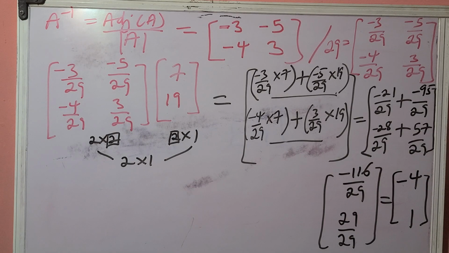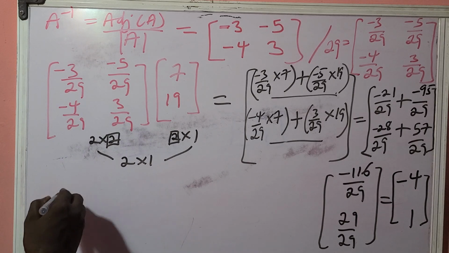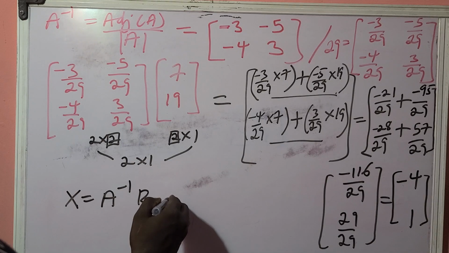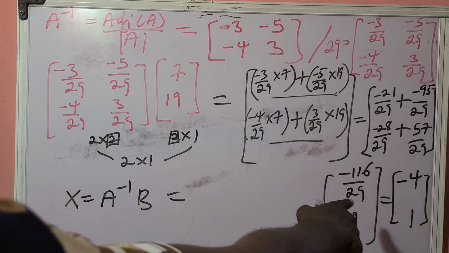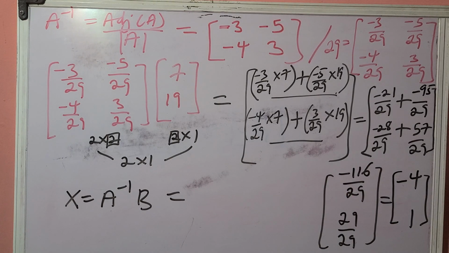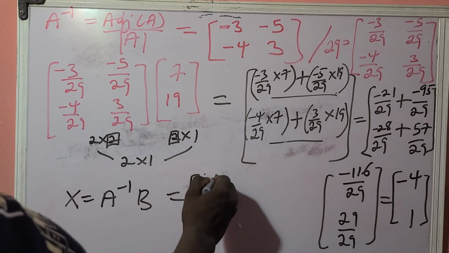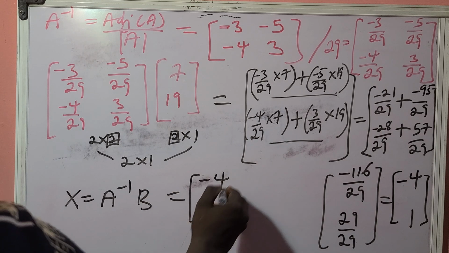So looking at this is our X matrix. Don't forget we were trying to solve for our X matrix, which was A inverse times B. And this is what our A inverse times B has resulted in. So we can conclude that we have minus 4 and 1.